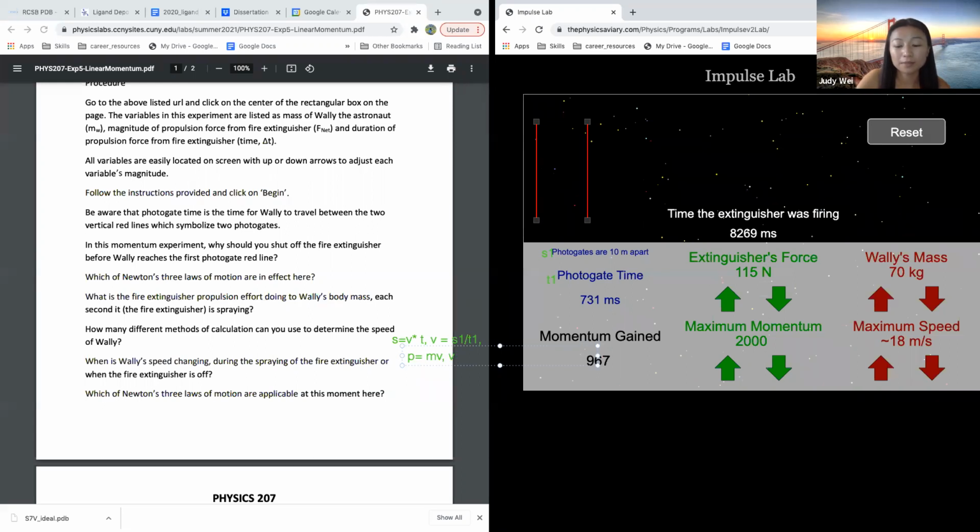So v can be calculated by p over m. So this is the momentum gain. I would assume this is kilojoule. Yeah, so you can use this one, and the other one is acceleration speed. So we know this is the second one, momentum.